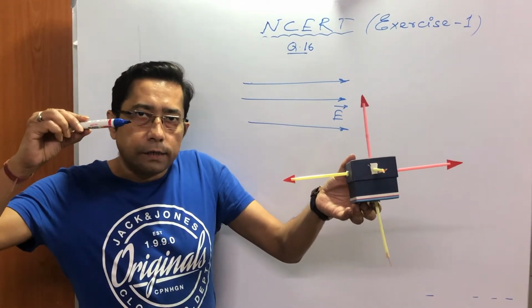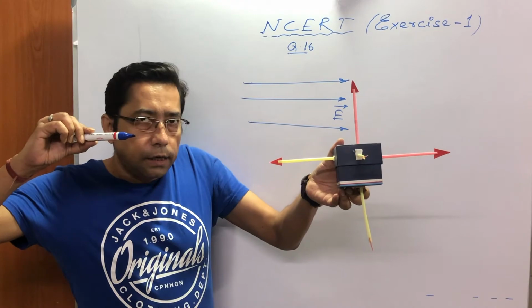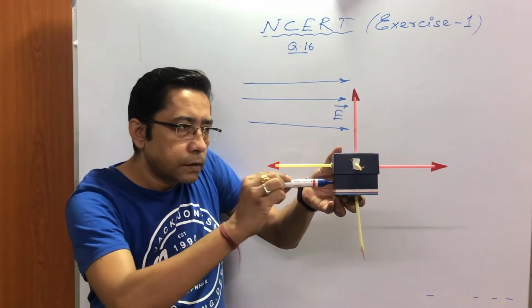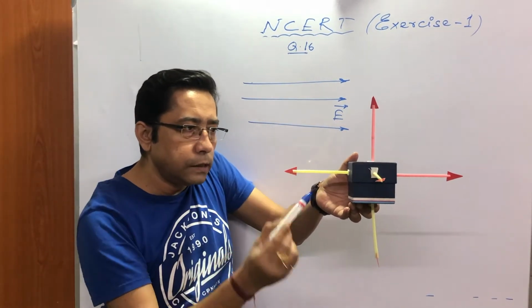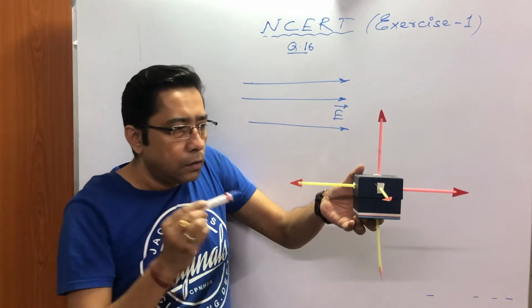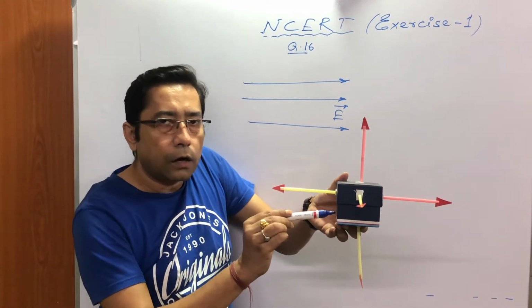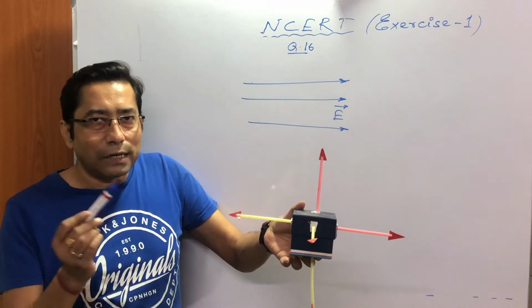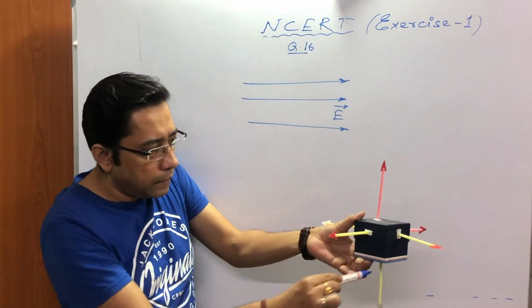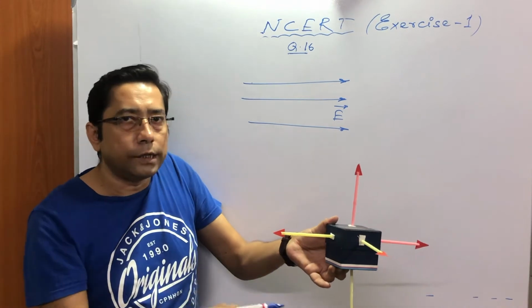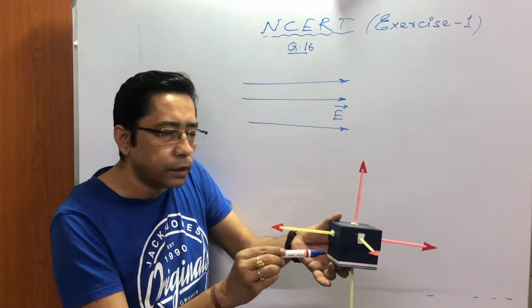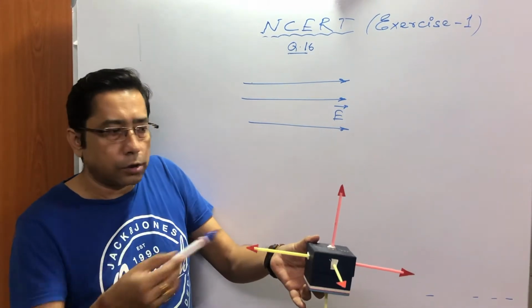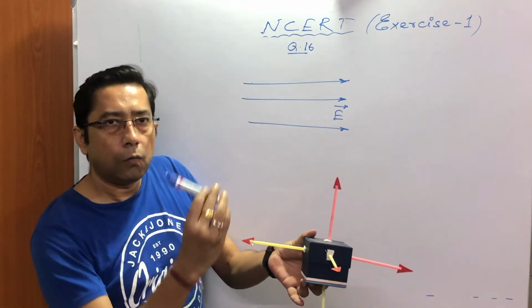If the electric field lines hit the box like this, can you see the direction of this arrow? This arrow and the electric field are opposite in direction. That means E into S, area of this surface, into cos theta. Cos theta becomes cos 180 degree because this direction and this direction are 180 degree apart.